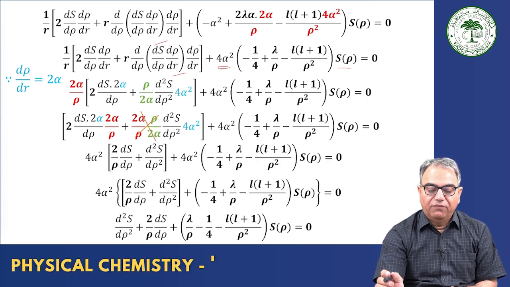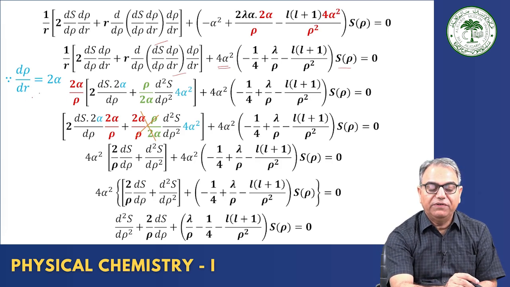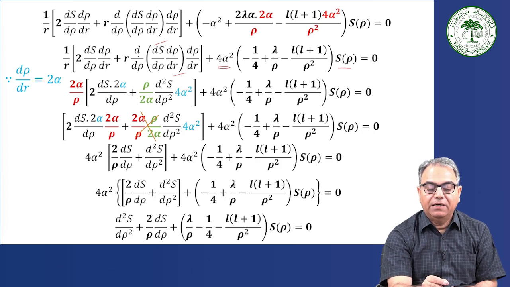Okay. Once you have done this, since d rho divided by dr is 2 alpha, you have d rho divided by dr here. So, what you can do, you can put ds divided by d rho and 2 alpha, then r d by d rho and ds divided by d rho and d rho divided by dr, again rho divided by 4 alpha square.